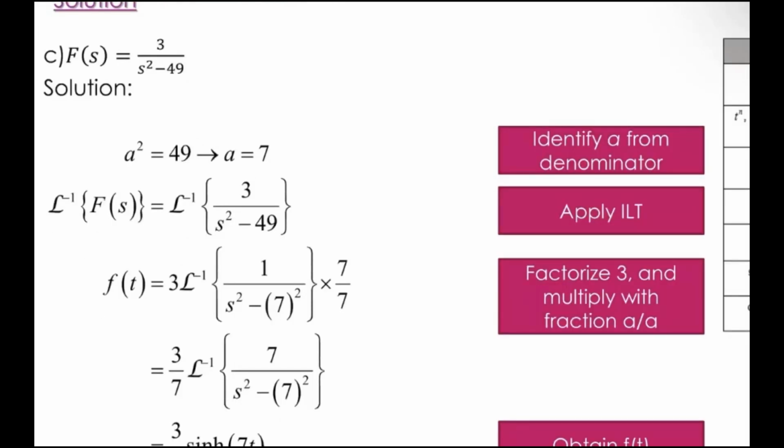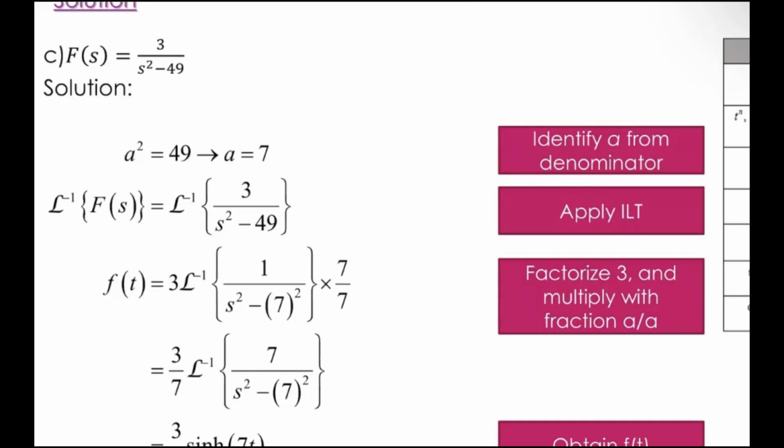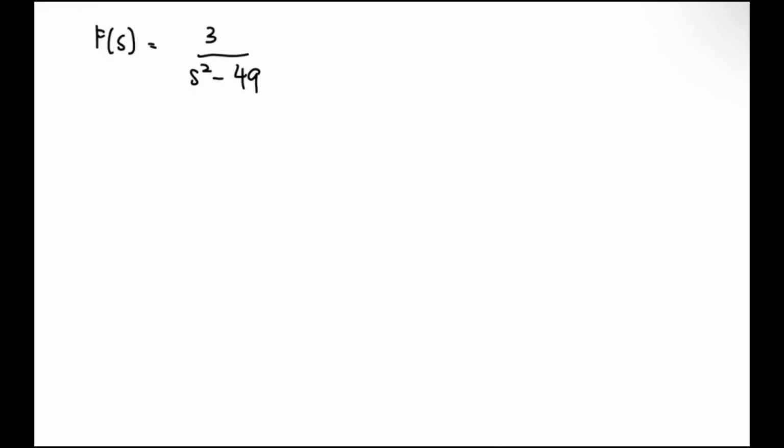Three over s squared minus 49. So the inverse Laplace of 3 over s squared minus 49. 49 is 7 squared, so you can rewrite as this one.